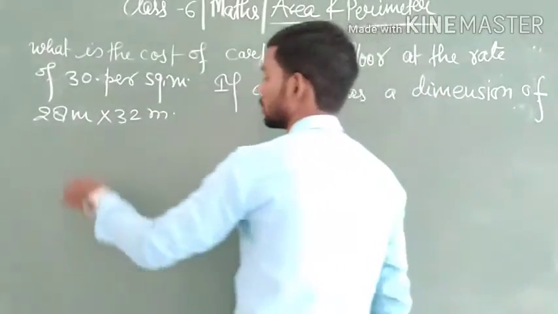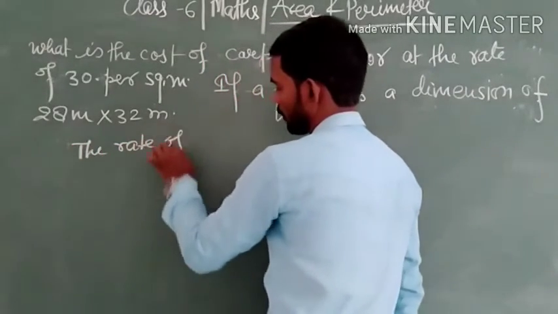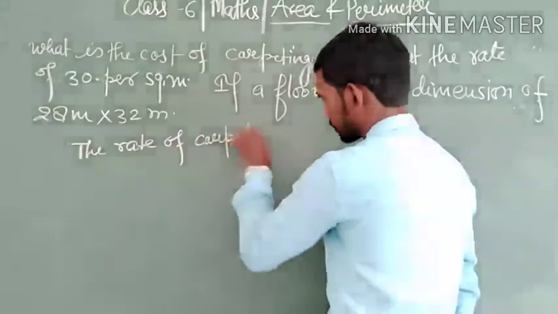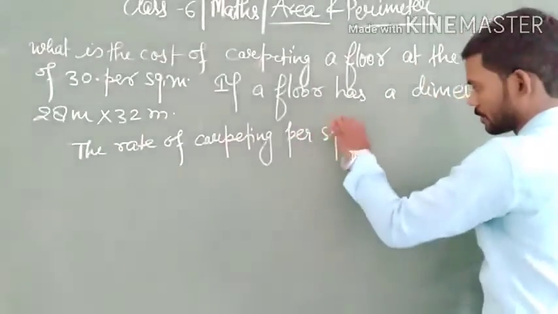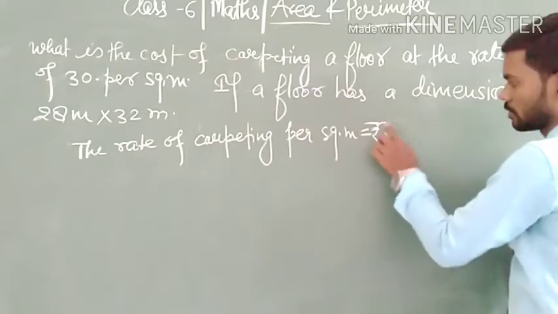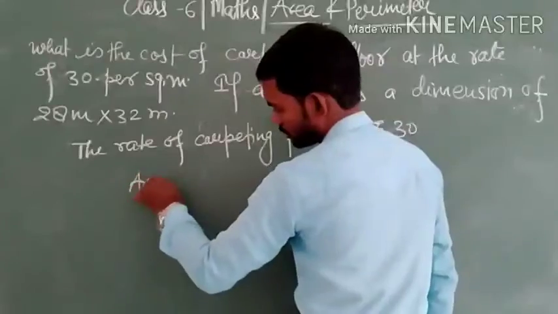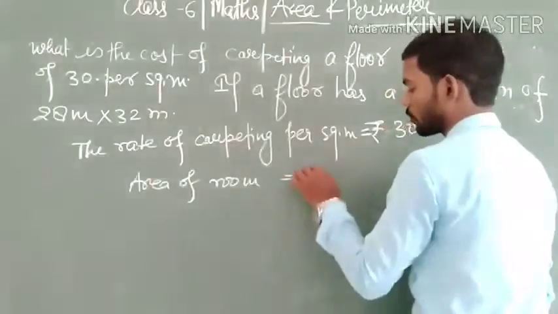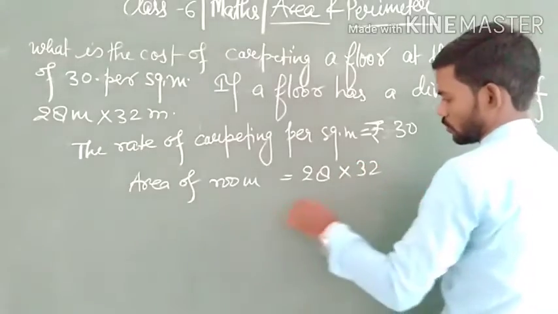So here the rate of carpeting per square meter is equal to 30 rupees. Area of room is equal to 28 multiplied by 32.